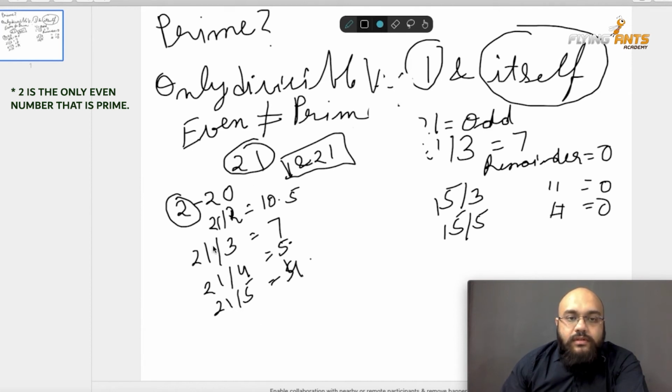So in this case, we know that 21 is divisible by 3, hence it cannot be a prime, because between 1 and 21, there is one number by which when we divide the given number, we will get remainder equal to 0.